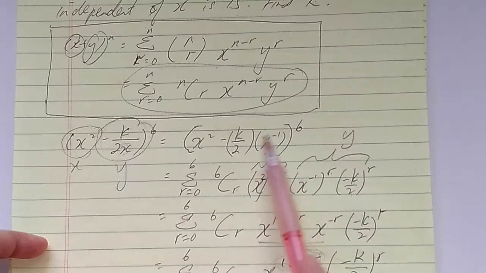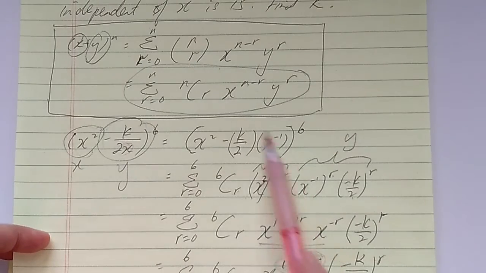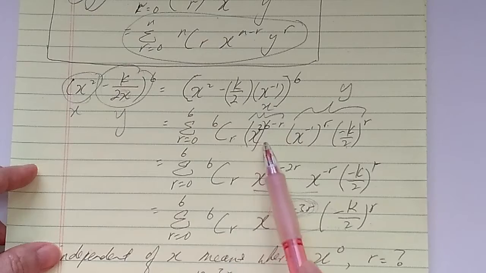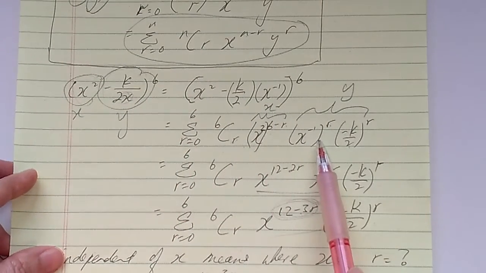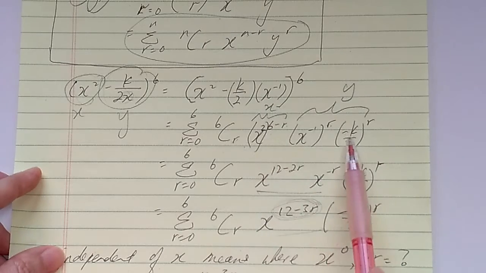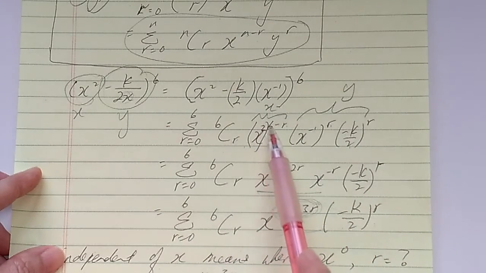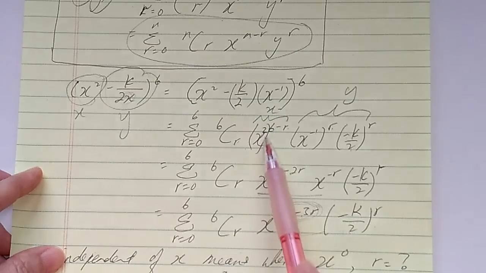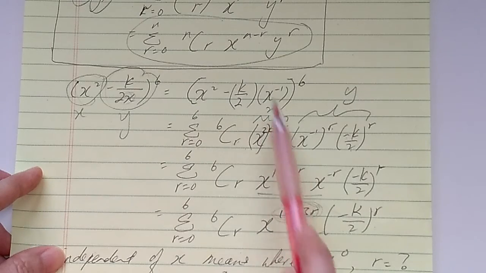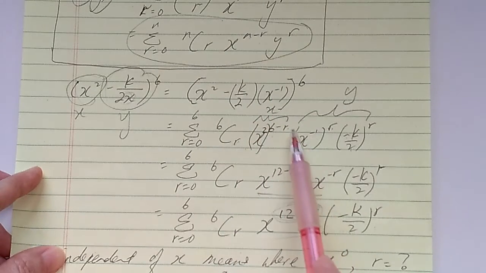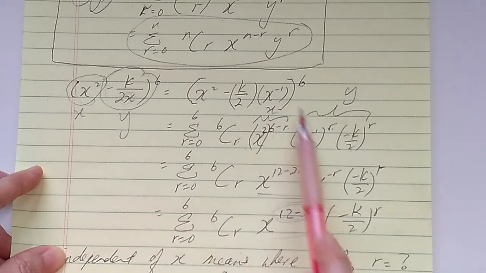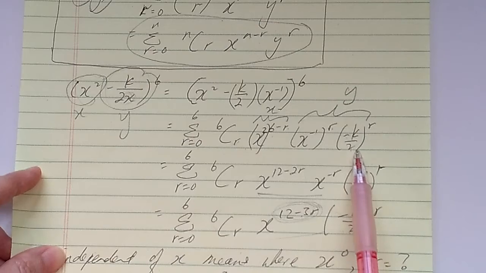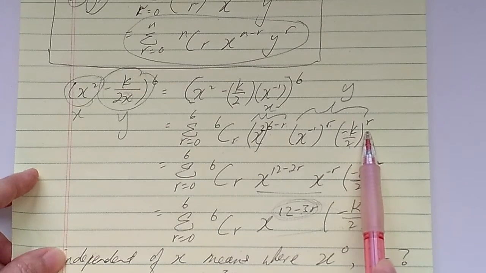Because it's a bit complex here, we may want to tidy up this expansion first. So bring the x to the top, to the numerator. So tidy up the maths. Using the formula, x squared to the power 6 minus r, n is 6, and then x to the power minus 1 to the power r and minus k over 2 to the power r.